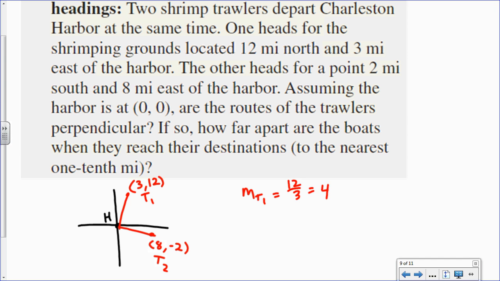That's 4. And then I want the slope of trawler 2. So I went down 2, so negative, and right 8. And that reduces to -1/4. So are the routes perpendicular? Yes, because these are opposite reciprocals.